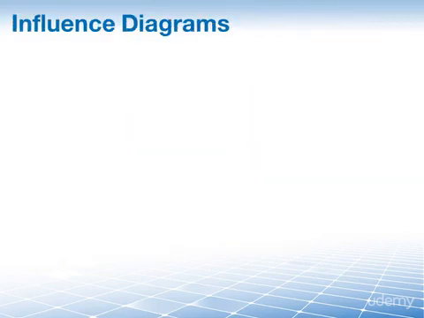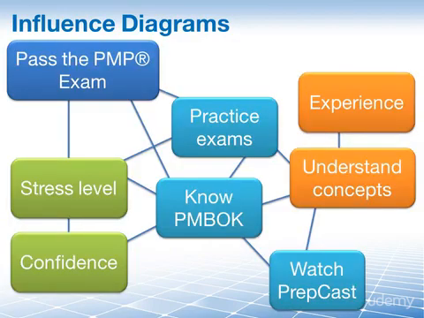Our third and final diagramming technique is called an influence diagram. An influence diagram is a simple visual representation of a decision problem. Influence diagrams offer an intuitive way to identify and display the essential elements, including decisions, uncertainties, and objectives, and how they influence each other.